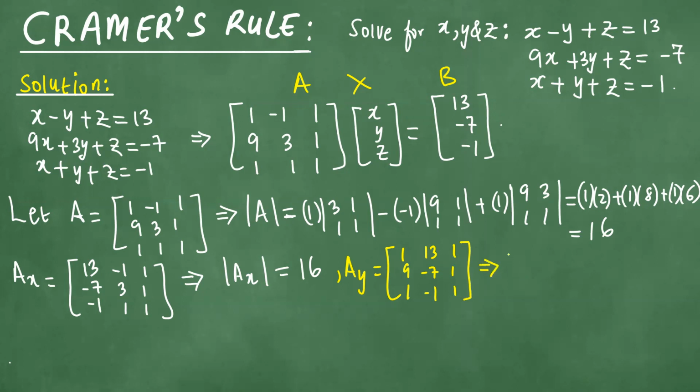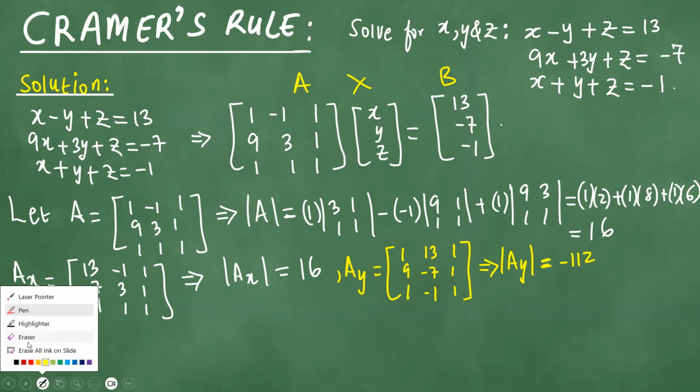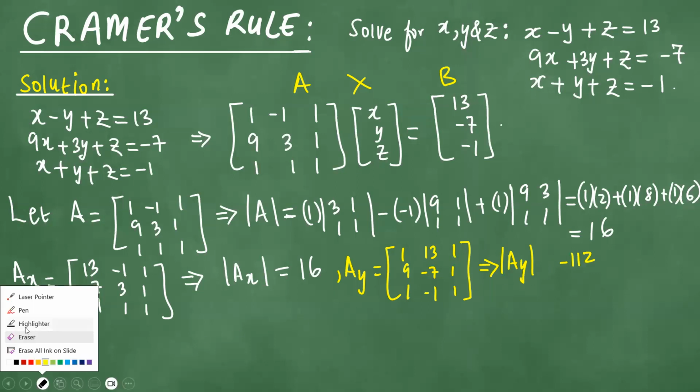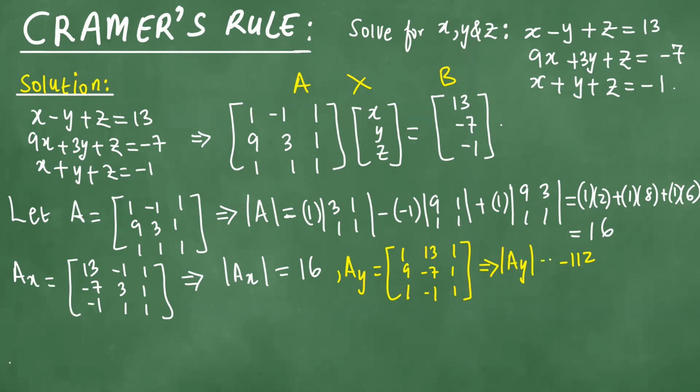We can find the determinant in a similar manner as we did for A, and the determinant of A sub Y is actually minus 112. So you have this.